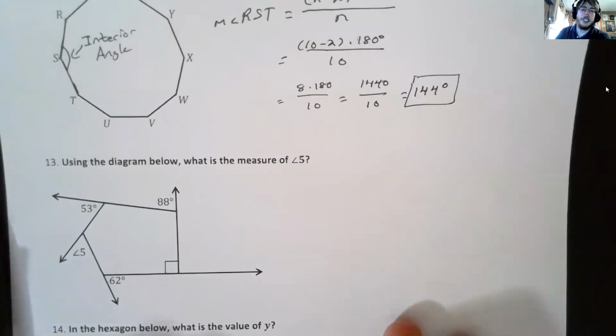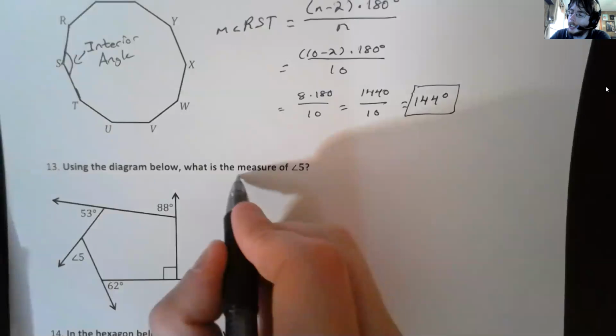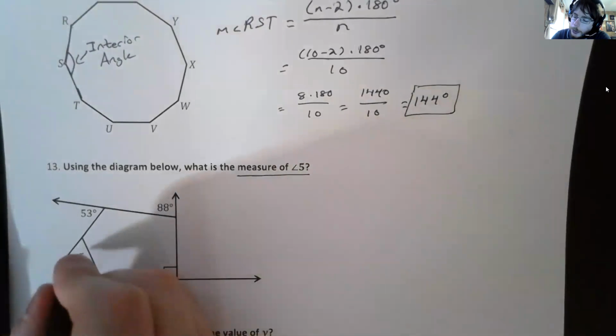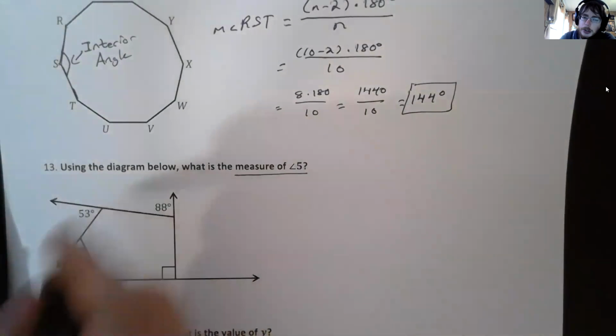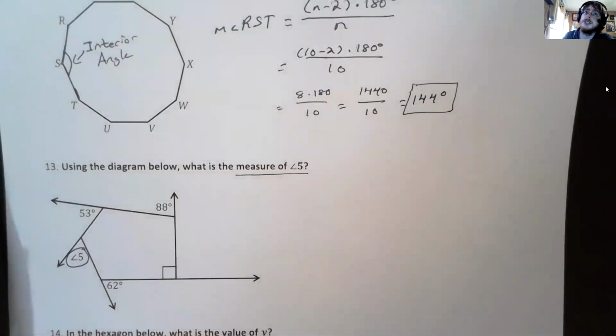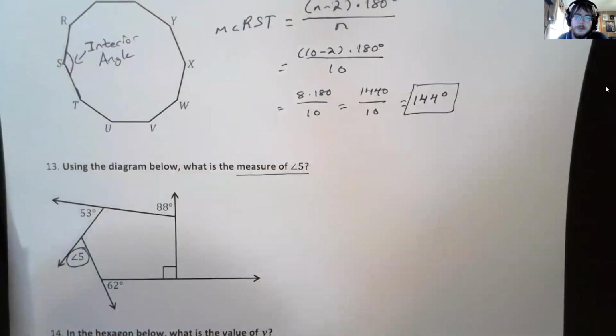All right, number 13. Using the diagram below, what is the measure of angle 5? If you look at angle 5 here, angle 5 is an exterior angle. So we're going to have to use something involving exterior angles to do this. But here's the problem. This is not a regular shape, so we cannot use the formula we would normally use.